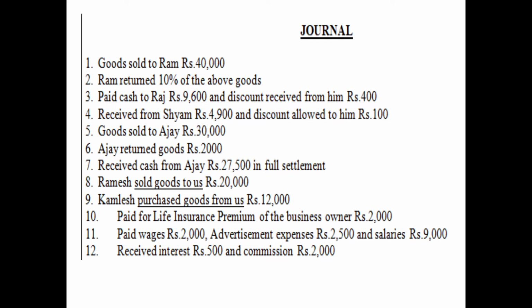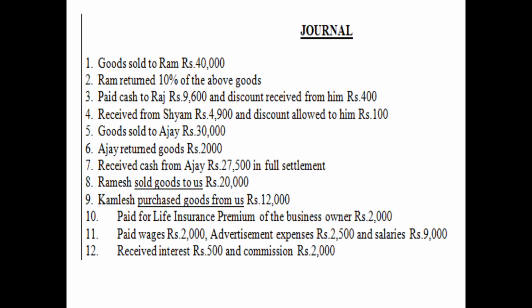Then we are also receiving discount 400. Discount received carries a credit balance, so we will credit discount received account 400. So total credit is 10,000, therefore we will debit Raj with 10,000. The entry framed here will be Raj debited 10,000 to cash account 9,600, to discount received account 400.